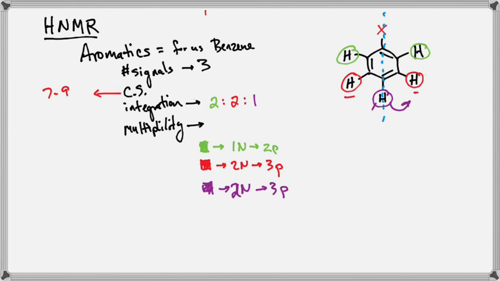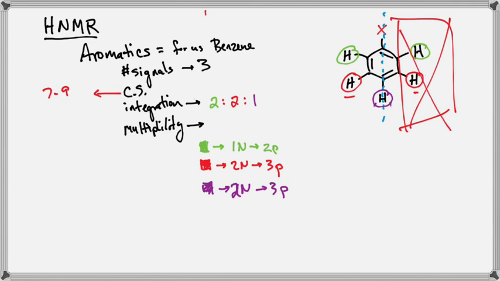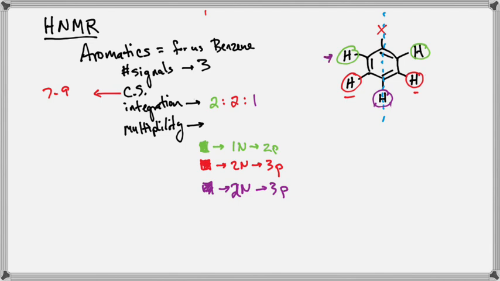Are they identical? But didn't you say, Mike, that we could ignore that entire half? Yes, when we were talking about the green hydrogen. Because the green hydrogen is only seeing the red hydrogen. It sees 1 hydrogen. What does the green hydrogen see on the other side? 1 hydrogen. It's 1 and 1.